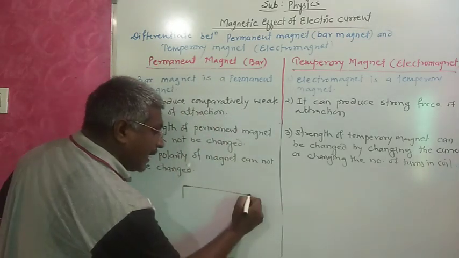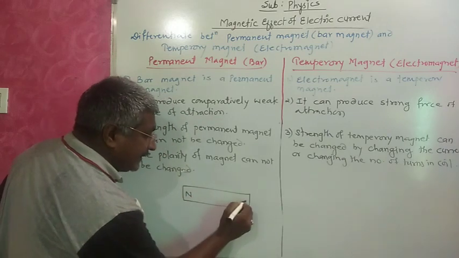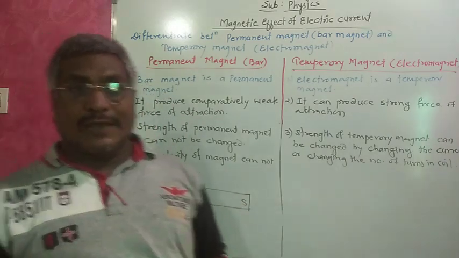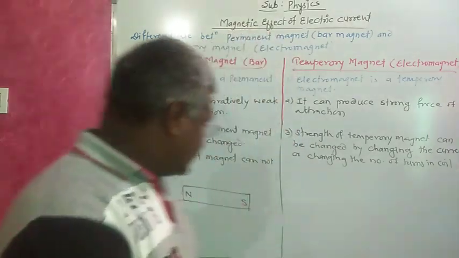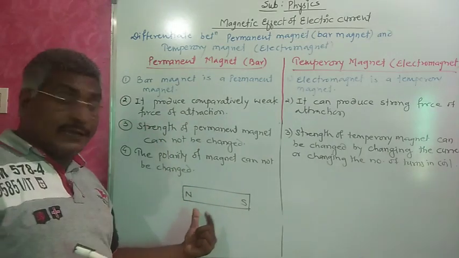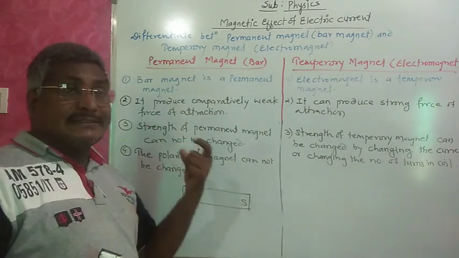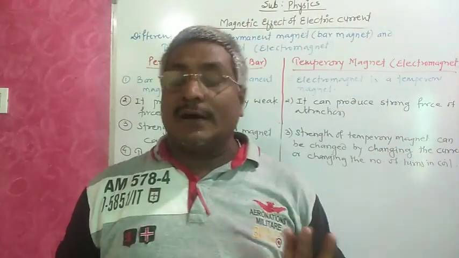In the bar magnet, suppose this is the bar magnet, there are fixed poles, north and south. So this north and south pole we cannot change. Why? Because it is according to the north and south direction on the earth.